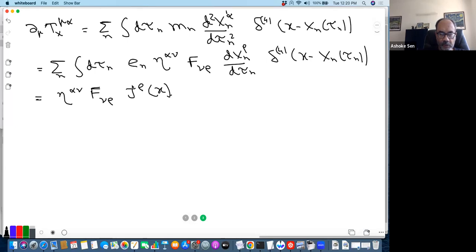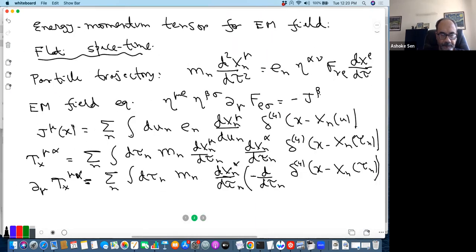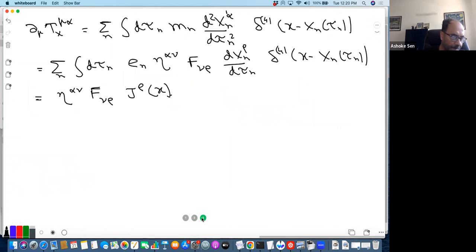We are now going one more step, because we want to get rid of the current as well. And for that, we are going to use the Maxwell equation. Normally we use this equation to get F in terms of the current. But now what we are going to do is to substitute for J the left-hand side of Maxwell's equation, so that we lose all reference to the currents.